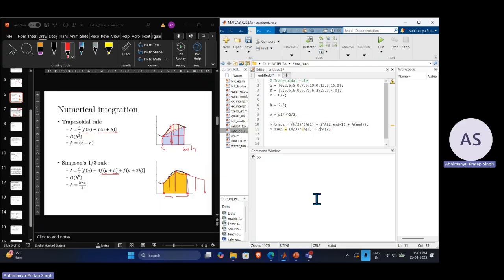So this will be multiplied by 4, from the second in increments of 2 up to end minus 1. Okay.